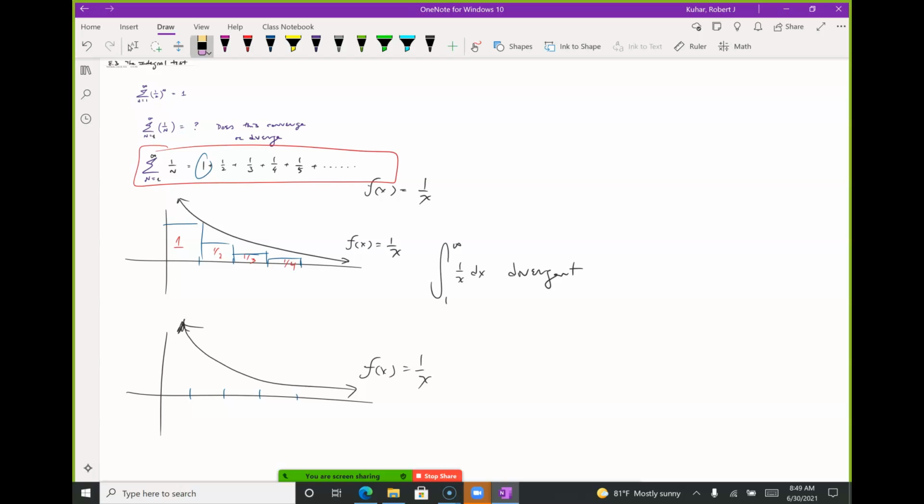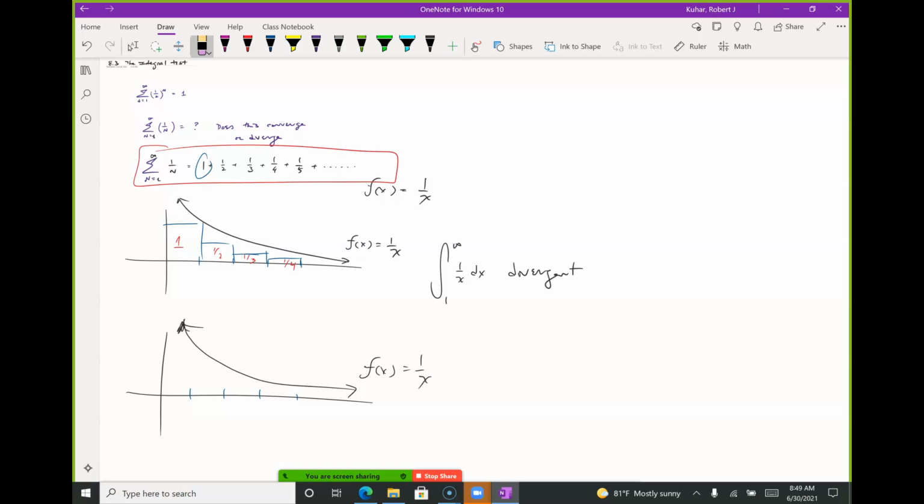This one tells me that the area under the curve is smaller than the area under 1 over x. The area under the curve 1 over x is bigger than the sum of the series. But that doesn't help me because the area under the curve is divergent.